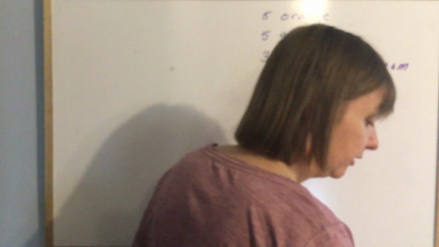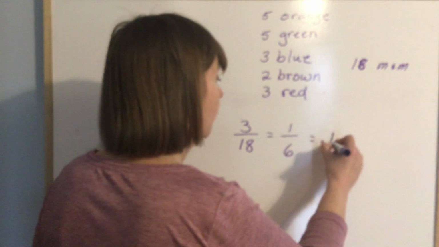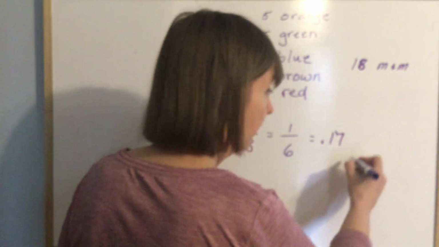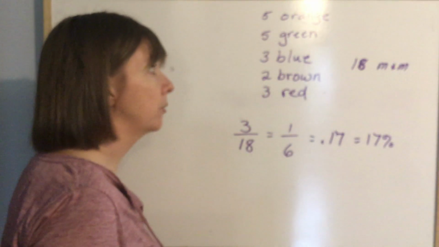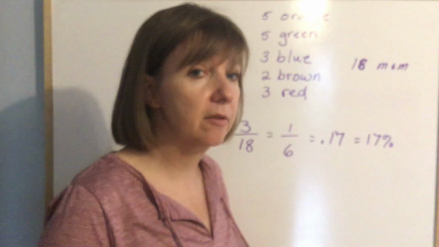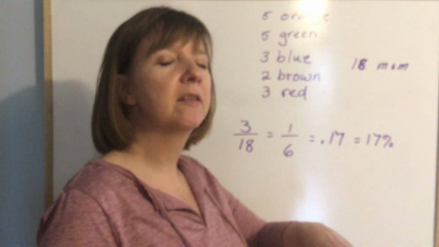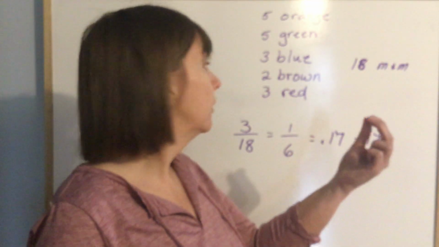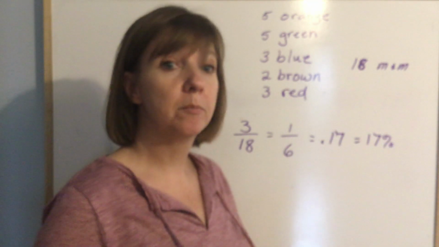As a decimal, 1 divided by 6 is 0.17, which is a 17% chance. So I'm closing my eyes, pulling one out. Oh look, I got blue. So I fell in that 17%.